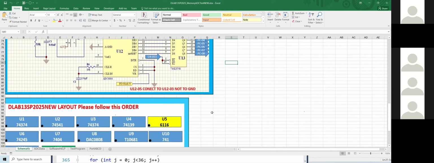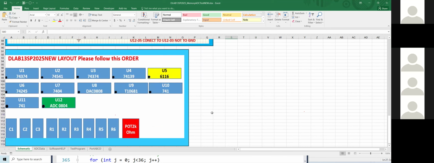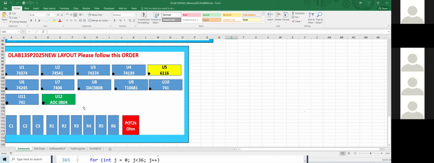Okay. And what I recommend to you, when you build the circuitry, U1, 2, 3, 4, 5, 6, 7, 8, 9, 10, 11, 12. So the last part of your circuit board, you can build either U10, U11, U12, okay, and the C1, C2, C3, and power will be the last one.